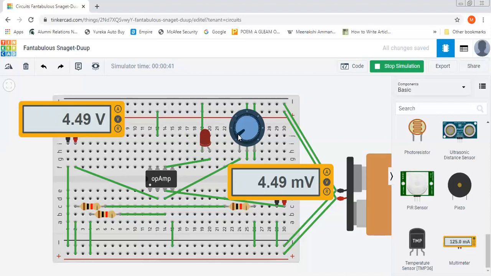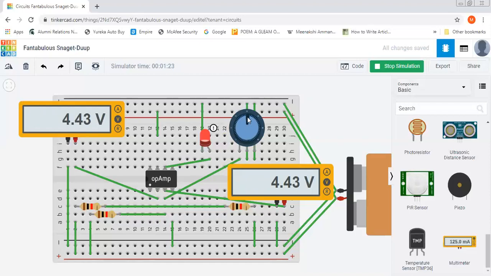As we change this resistance, you can see voltage at the non-inverting terminal of the op-amp increases, but still it is lesser than the voltage at the inverting terminal of the op-amp. Now if we increase this resistance more, a stage will come when the voltage at the non-inverting end would become more than the inverting end.